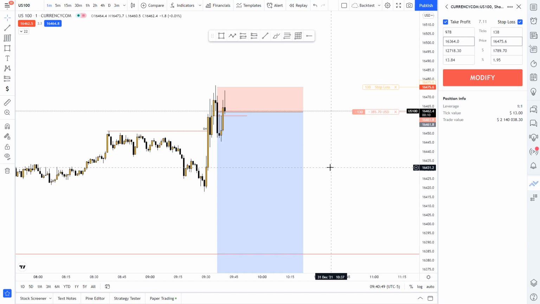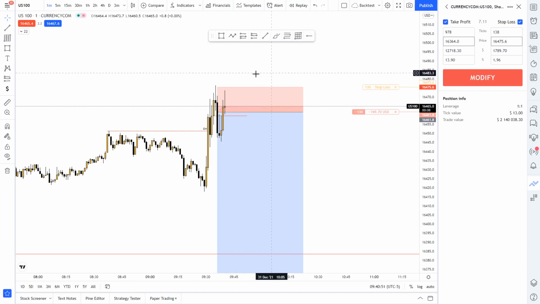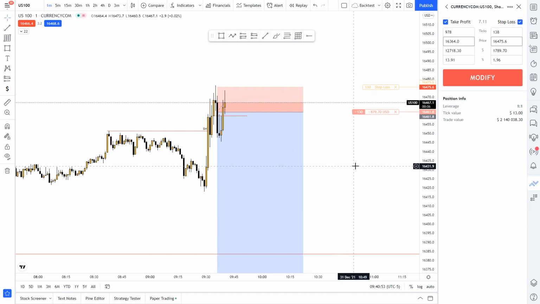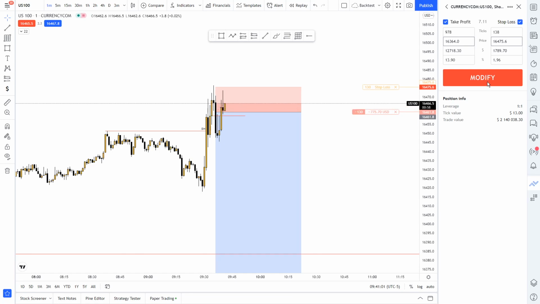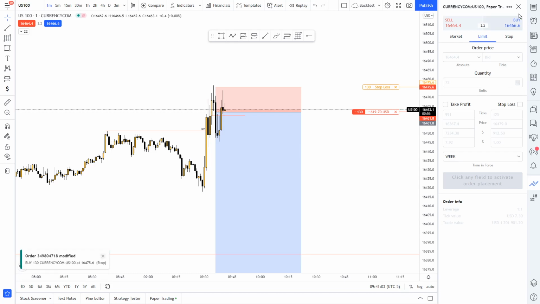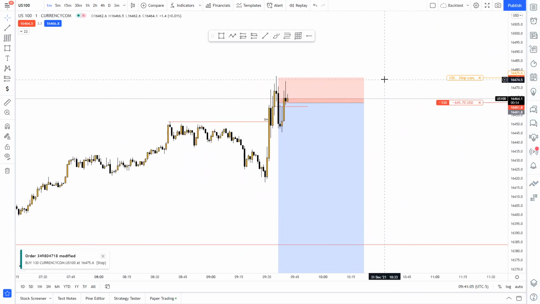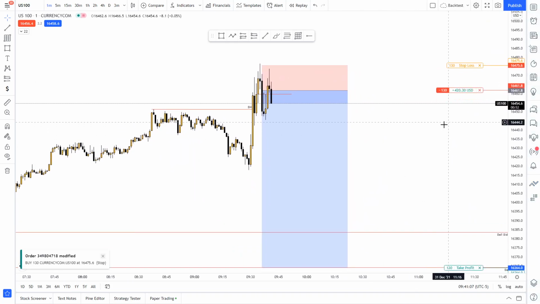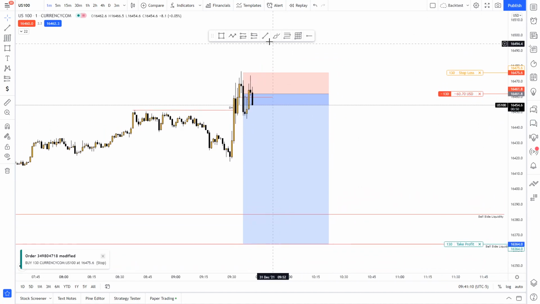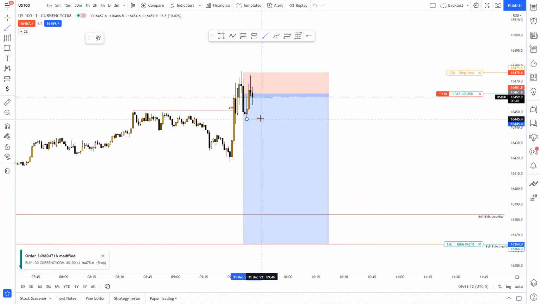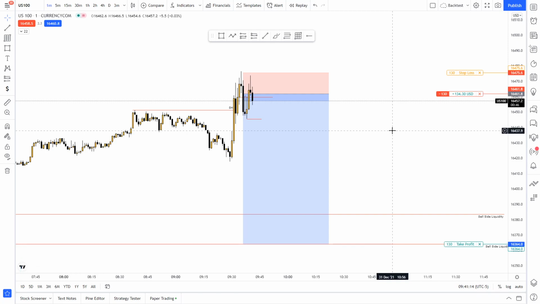The next candle should not mitigate this high, and price should just start falling after that. Okay. So now I'm gonna move my stop loss back, and now price should break structure and we should be gone.